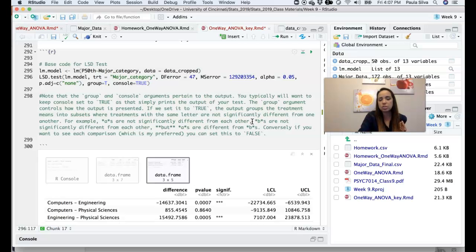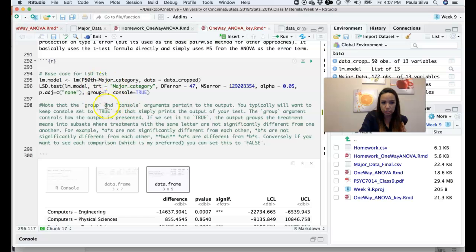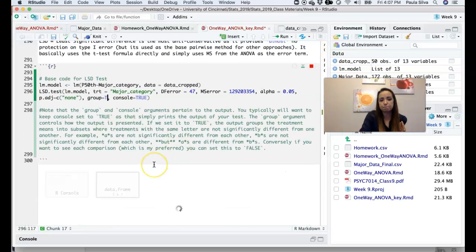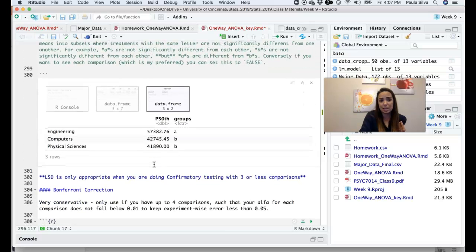It's very hard to explain in words, but if we turn this to true and run, you see what it is. The results are the same, but it labeled engineering A, and it labeled computers and physical sciences as B. So it grouped these two. This means that computers and physical science are not different from each other because they both have Bs.